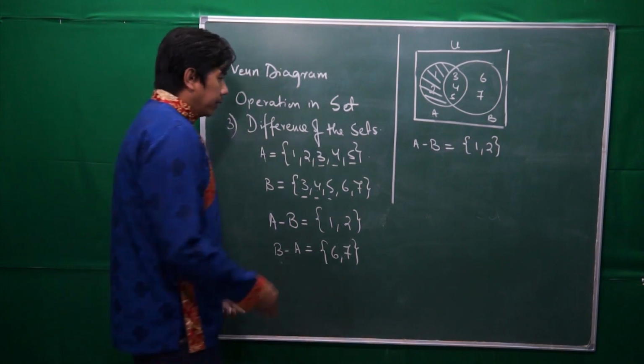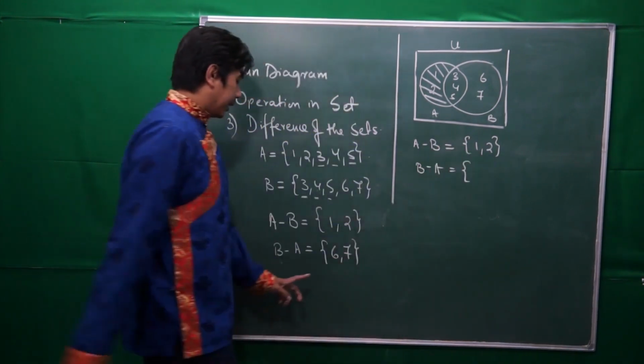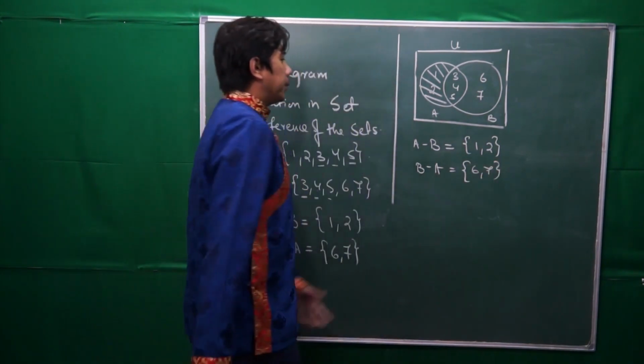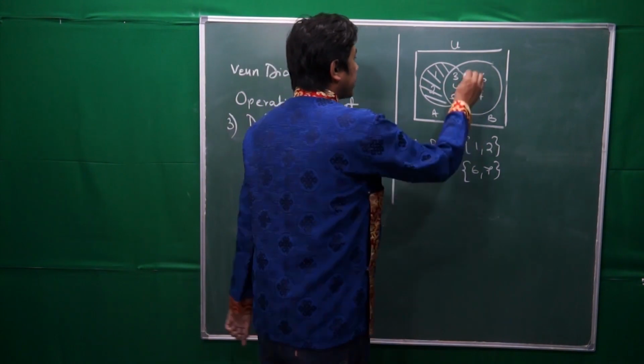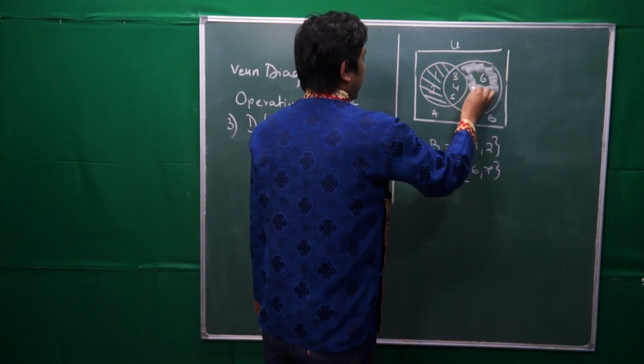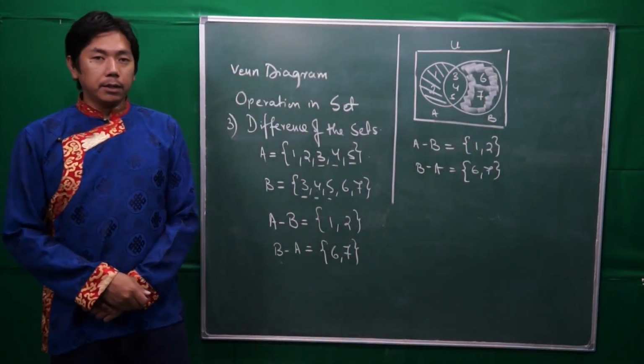So B minus A is equal to which one? The set 6, 7. Now represent it in the diagram, which is this portion. Simple. All right.